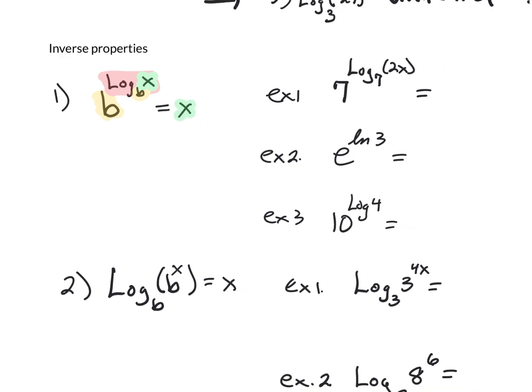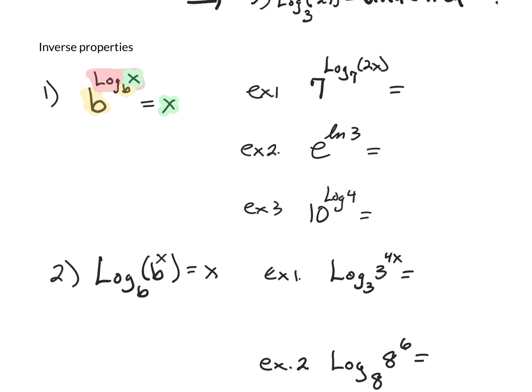Here we have an example: 7 to the power, and up in the exponent is a log with the same base. Therefore, our answer is just going to be 2x.